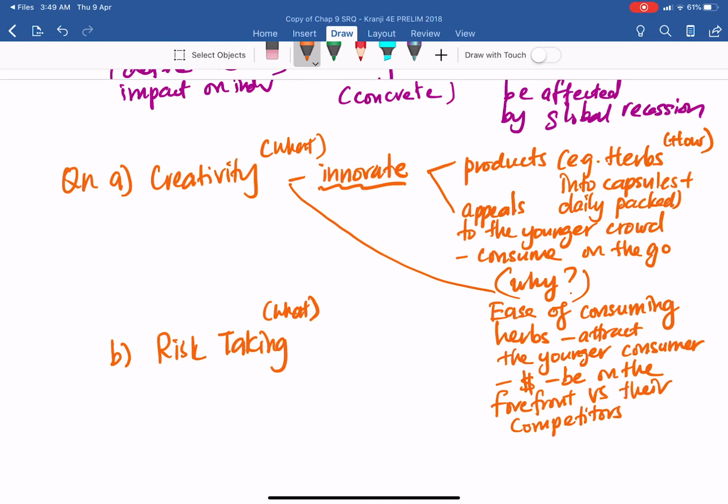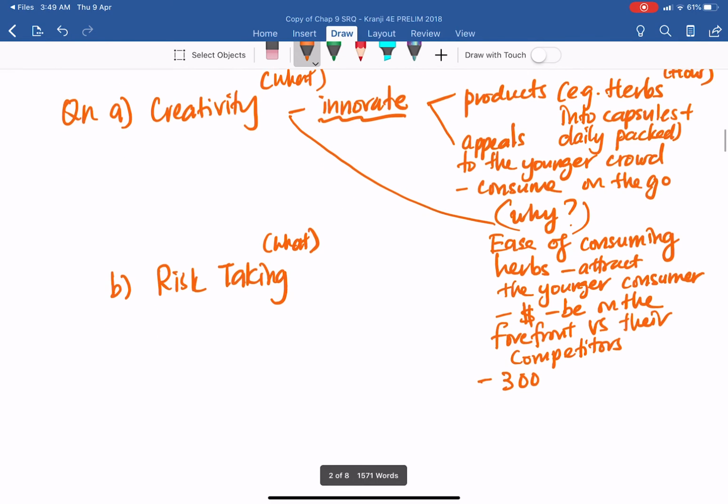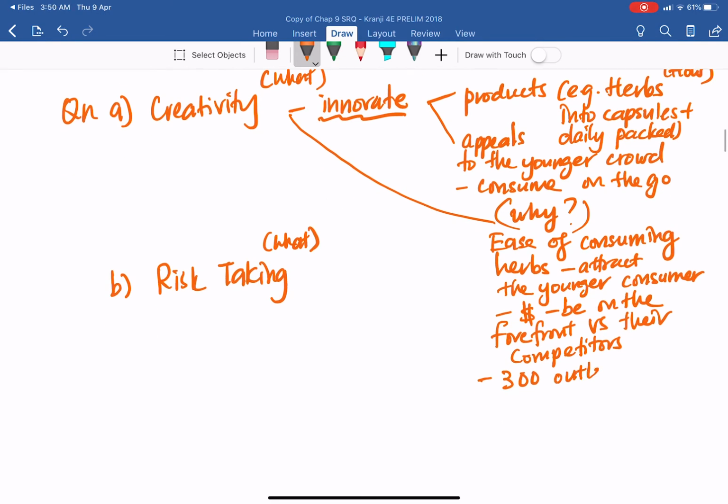I mean, they are quite popular, but they don't have 300 outlets everywhere in the world. Okay, and because of this, they are able to have 300 outlets worldwide. So doesn't this show actually they are able to remain competitive? Because they are able to be innovative and creative in the way they package their products.